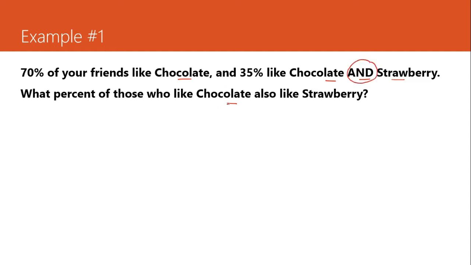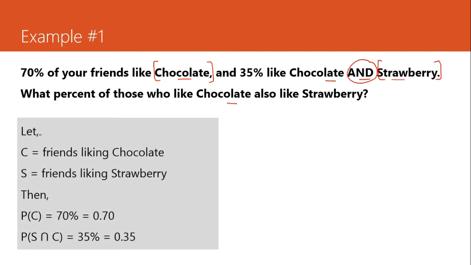As you read the question, you should quickly identify the events. One event is related to chocolate and another event is related to strawberry. So the first thing we need to do is define the symbols as follows. Let C be friends liking chocolate and S be friends liking strawberry.